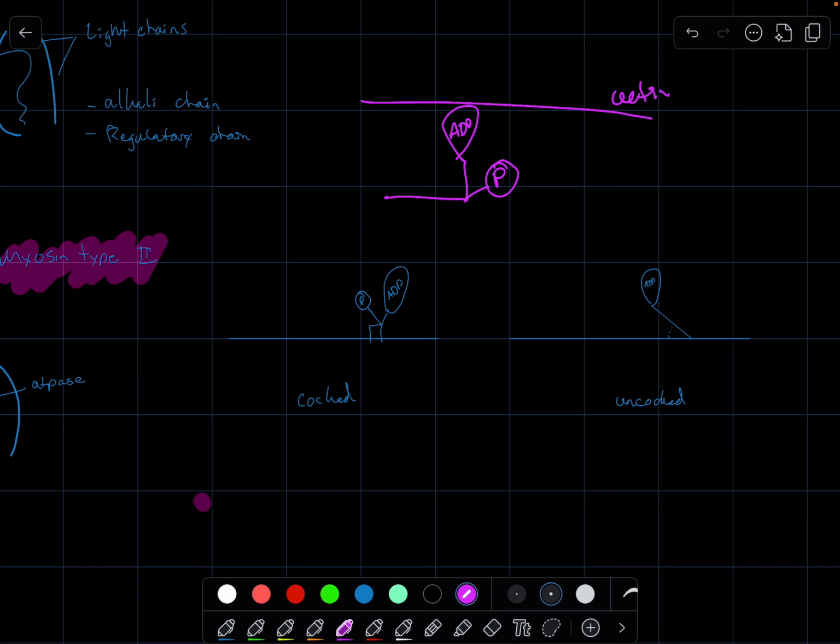Okay, when it's bound like that, it's in a cocked state. However, when we remove the phosphate, that leads to a power stroke, or the contraction of the whole muscle. Now, in order for us to reset this whole process, ATP then comes into play here and binds to the myosin head, which allows us to reset, and it becomes uncocked. Okay.